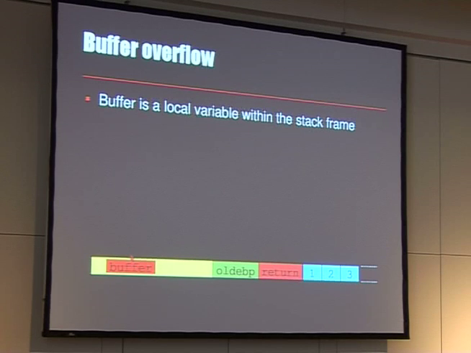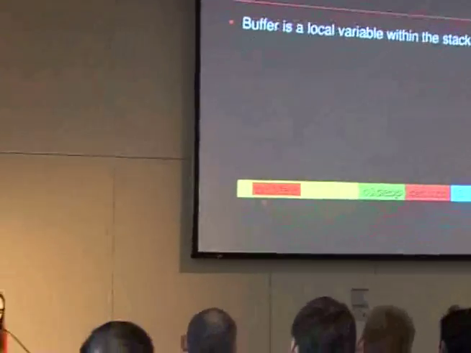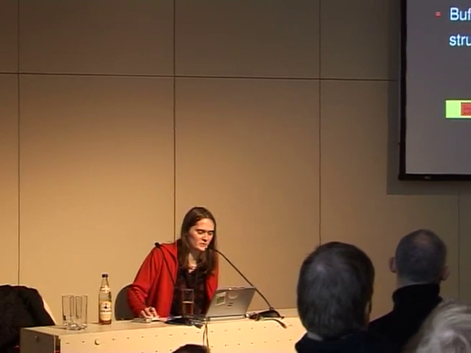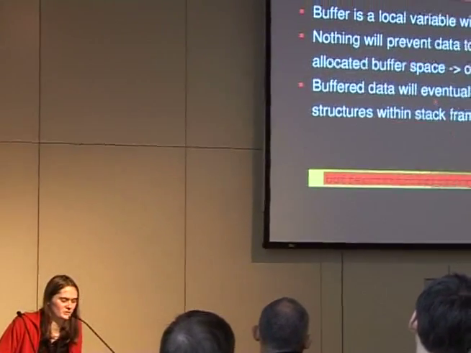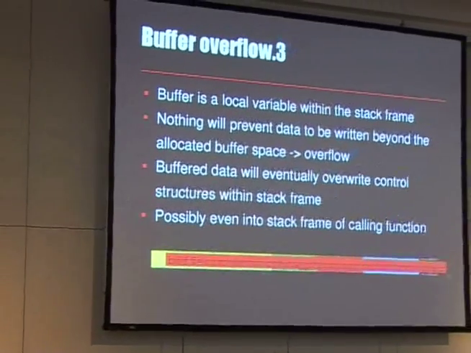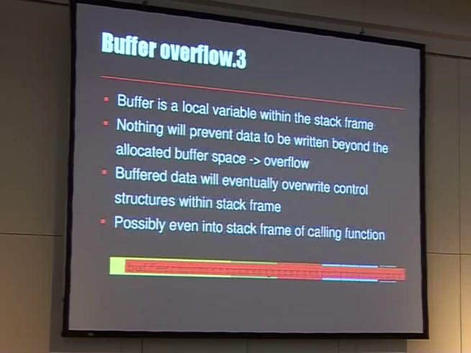So even if that buffer was 100 bytes, if our string is about 200 bytes or even longer, nothing will stop the buffer from overflowing. It will just grow and grow and grow. And eventually, it will overwrite all the control data that's in the stack frame, which of course is very bad. And eventually, it might even fill the stack frame of the calling function.